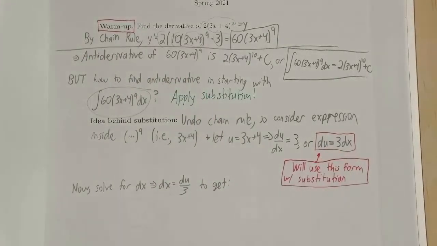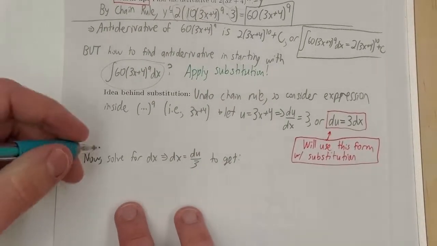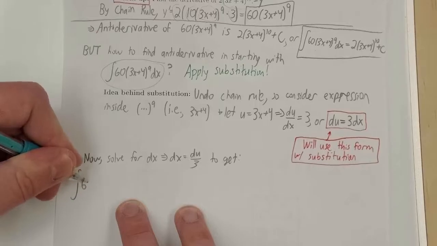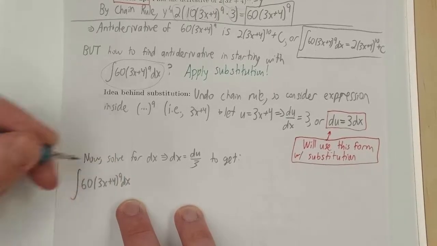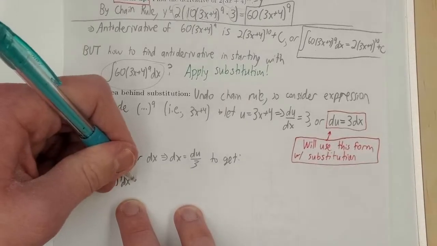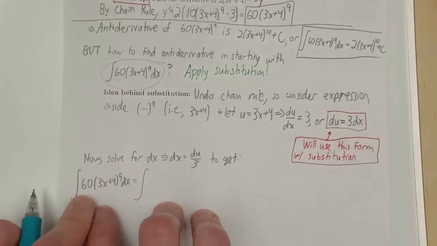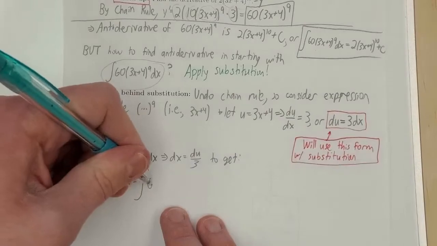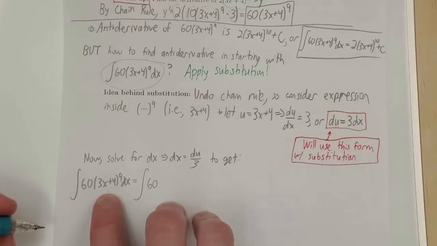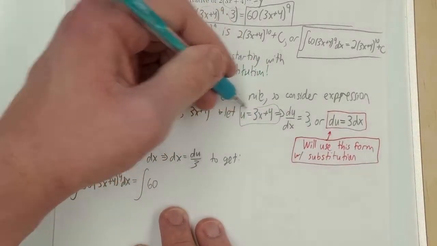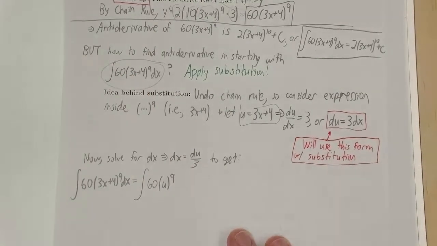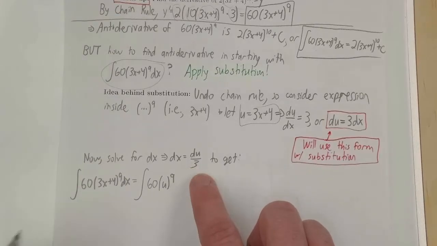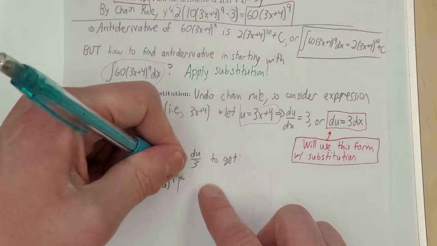So here's what this yields us. If we rewrite our original integral, 60 times 3x plus 4 to the power of 9 dx, then 60 doesn't change. We have 3x plus 4, which we are letting equal u, so we have u to the power of 9, and then dx, which is du over 3.